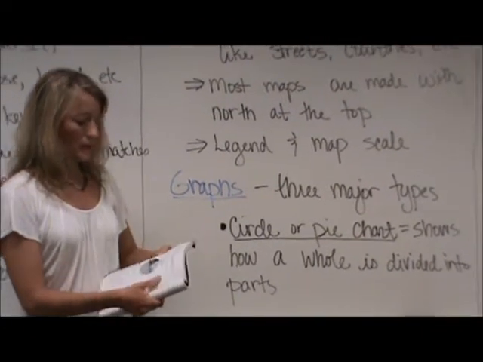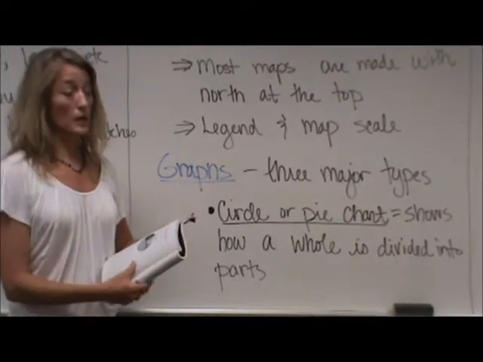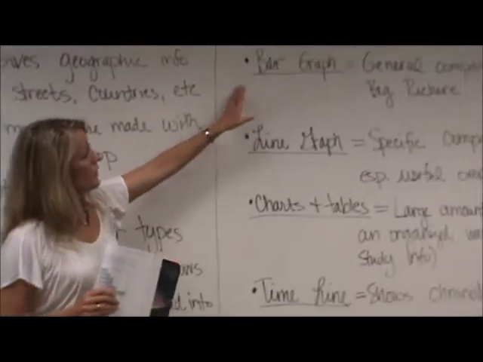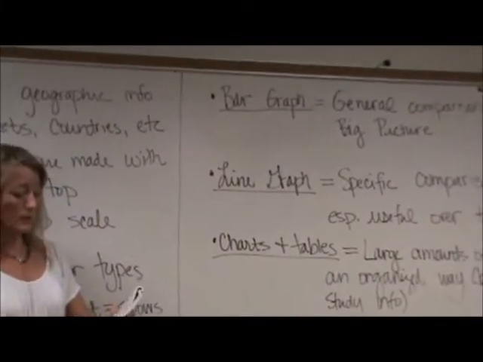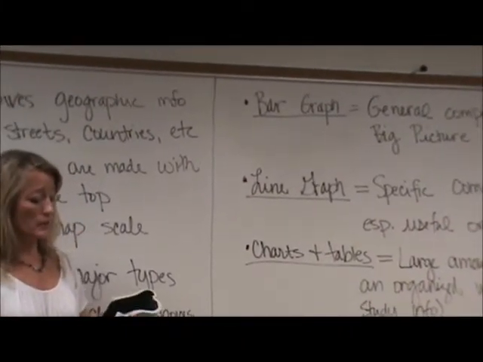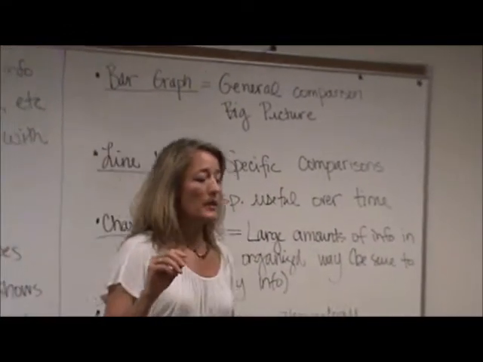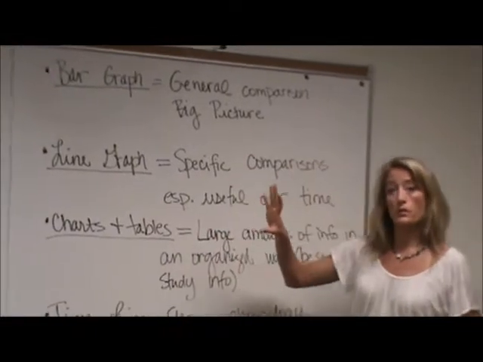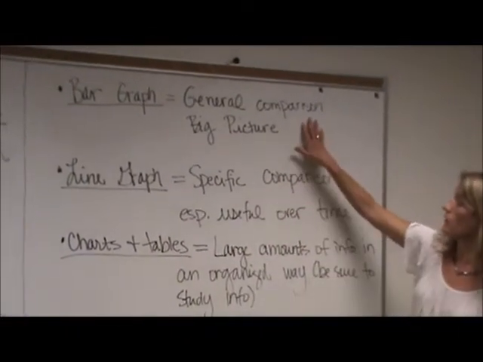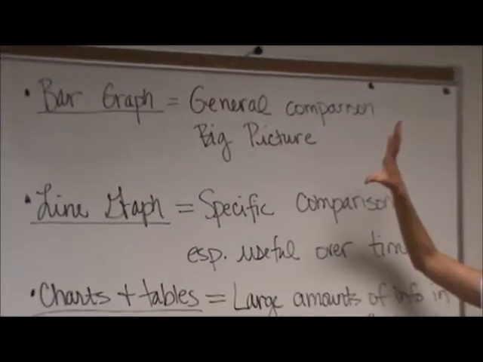There's an example of it, and then there are questions in the book that we're going to be doing in class. A bar graph, an example of how that looks is on 237. A bar graph isn't going to be very detailed, but it's going to help you see the big picture of things. You've got a general comparison, so think big picture for a bar graph.